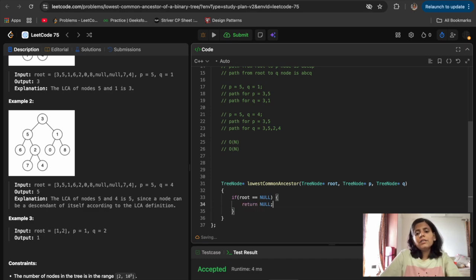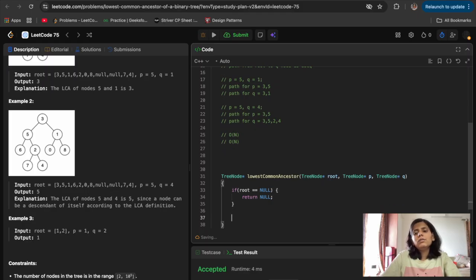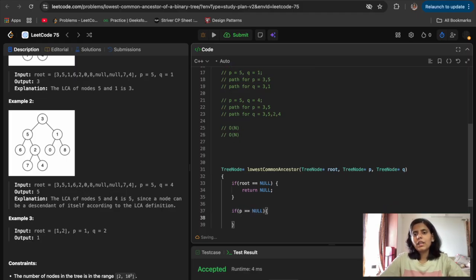Okay, and what if P is null and Q is not null? If my P equals null, then what will be the answer? As P itself is null, and I don't know about Q, whatever Q is, from that Q we can go down to the leaf node, and the leaf node has null child nodes, right?